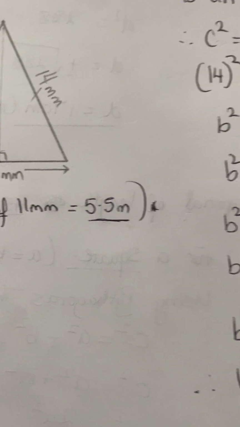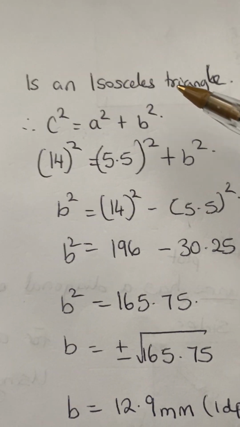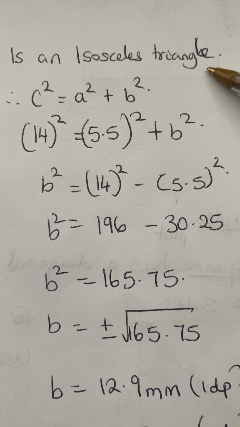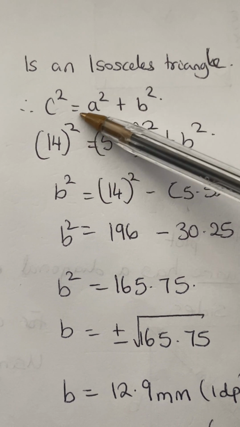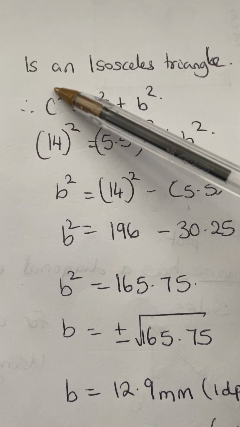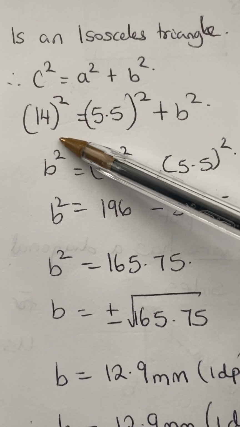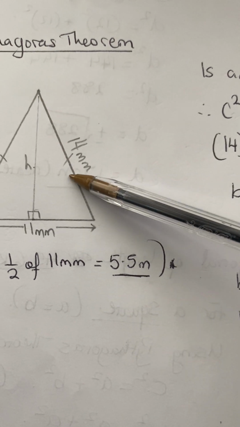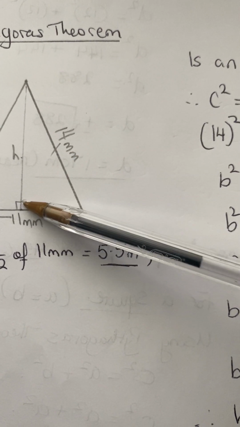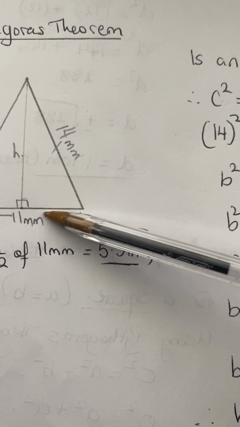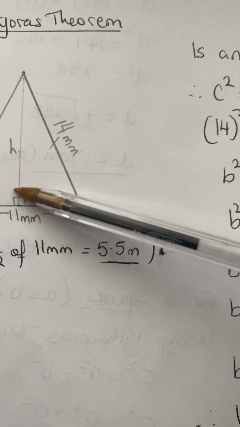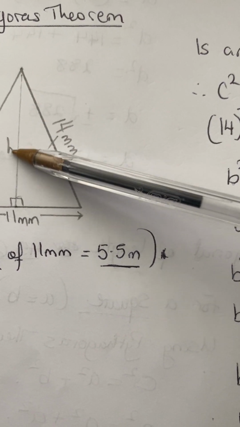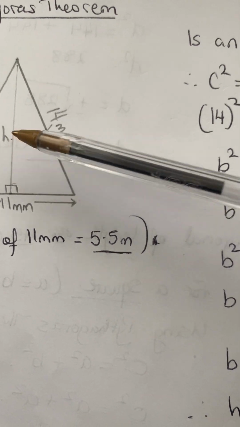So for the isosceles triangle, our Pythagoras theorem is c squared, which is the hypotenuse, the side opposite the right angle, equals a squared plus b squared. Here our b is our h.